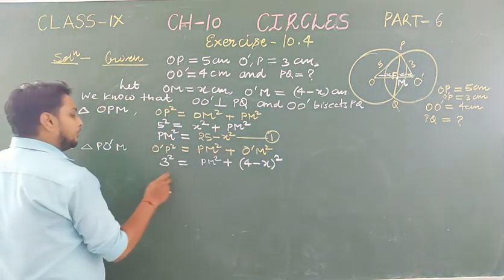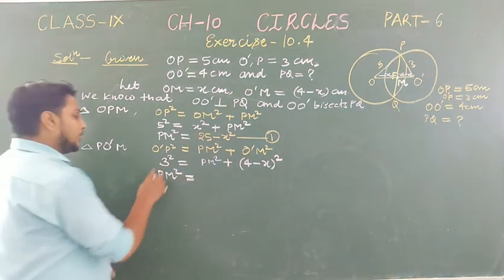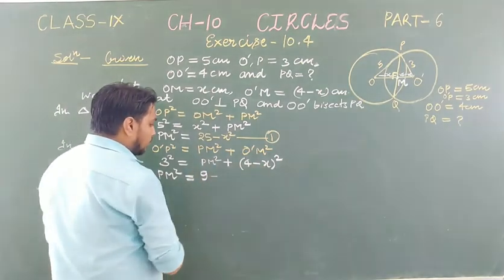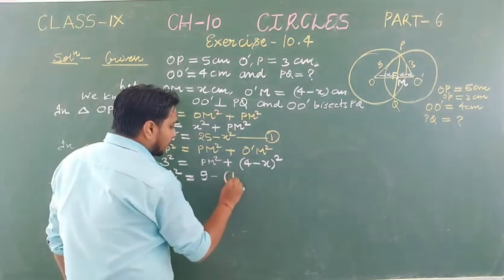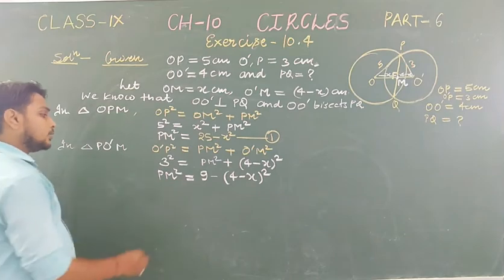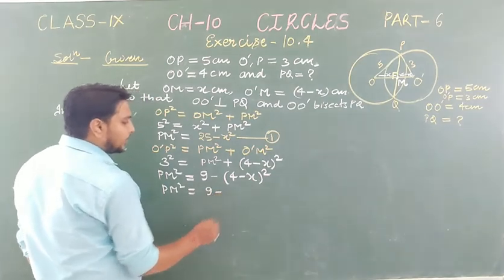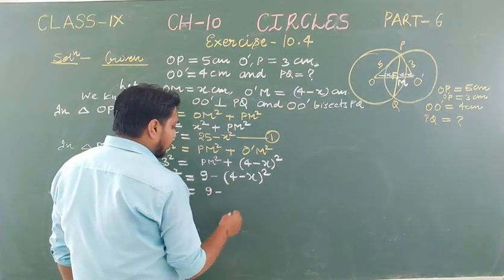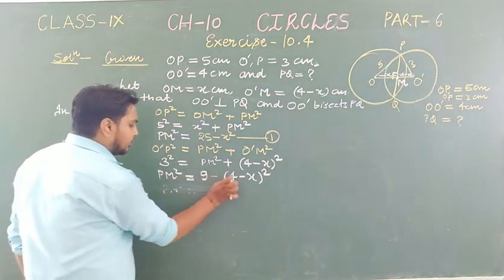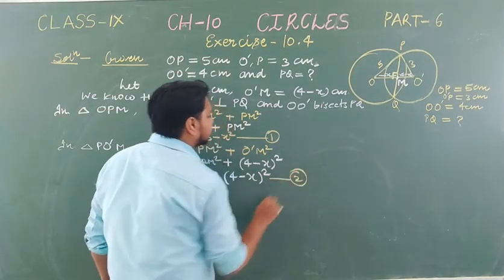So again we have to find the value of PM square, and it is 3 square, which is 9, minus (4 minus x) whole square. So PM square is equal to 9 minus (4 minus x) whole square. Suppose this is equation number 2.